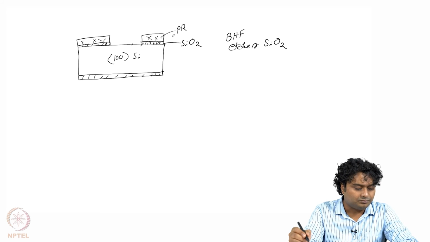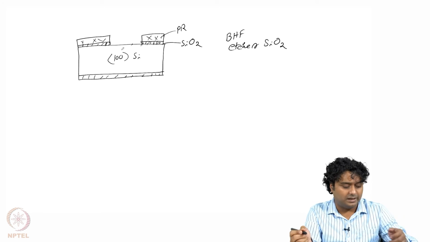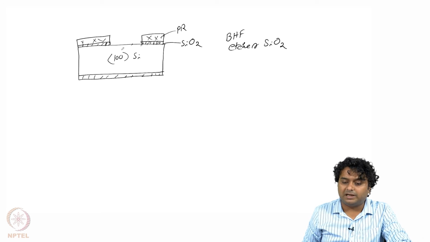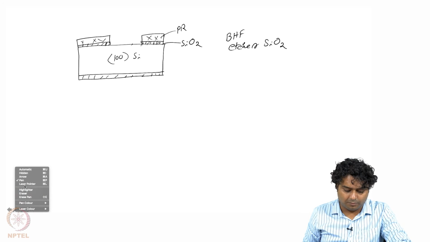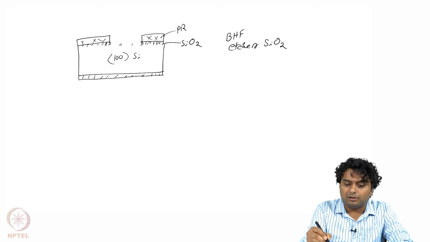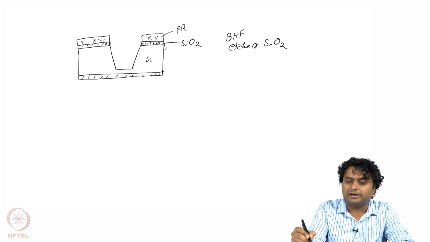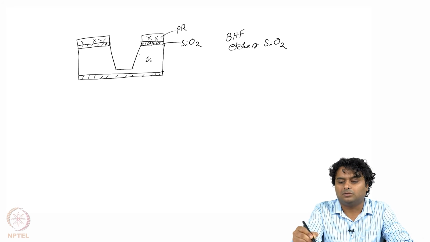Now what we will do is anisotropic etching using KOH or TMAH, and after anisotropic etching we will get an anisotropic etch profile. So how will it look? These sides will not get etched because they are protected by the SiO2, right?